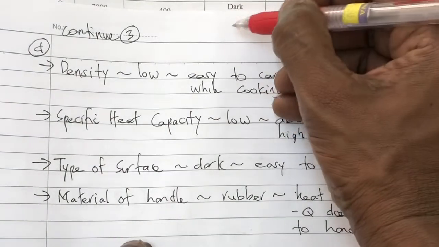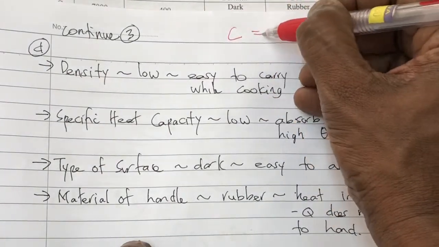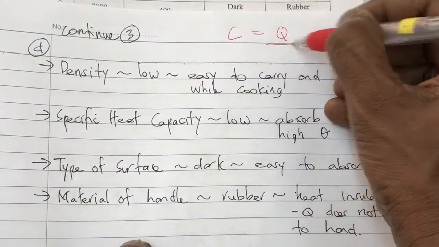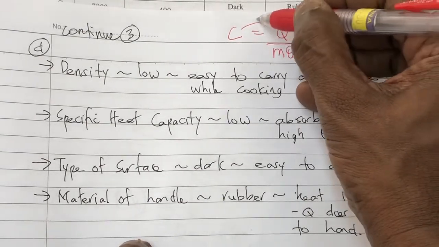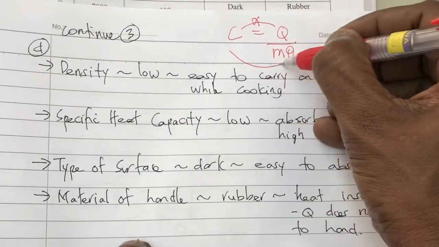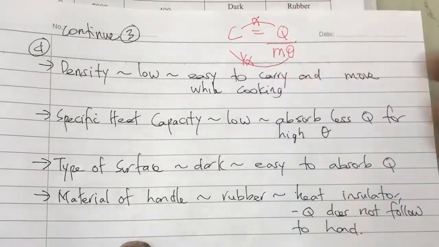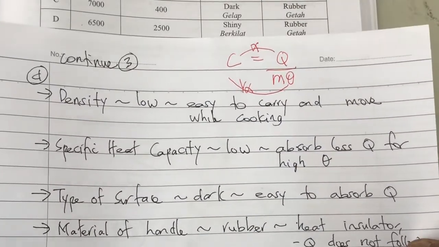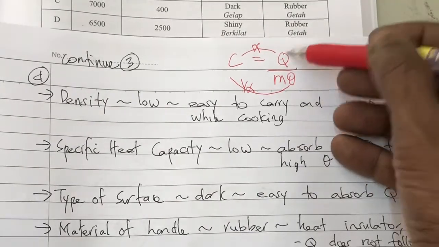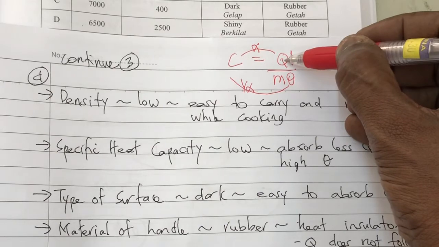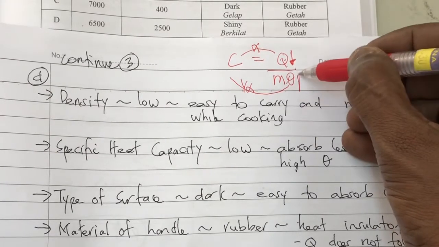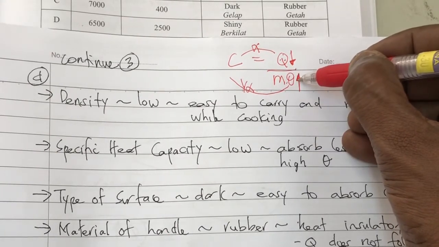If you remember, as I said earlier, C equals Q over m theta. Up and up is proportional, up and down is inverse. So we want a substance that only absorbs little heat. It only needs to absorb a little heat, but the rise in temperature must be high. It becomes hot fast.